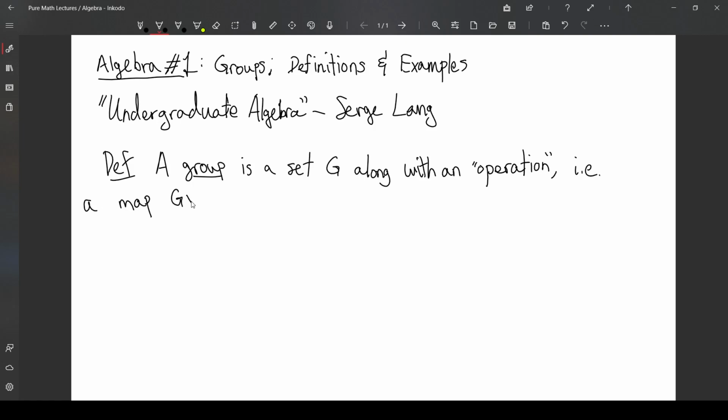This is just a function from G times G to G. So it takes two elements of G, and it spits out another one. And these two things satisfy the following properties.